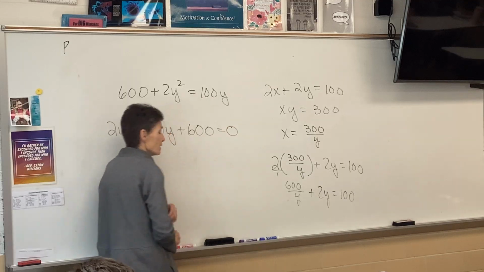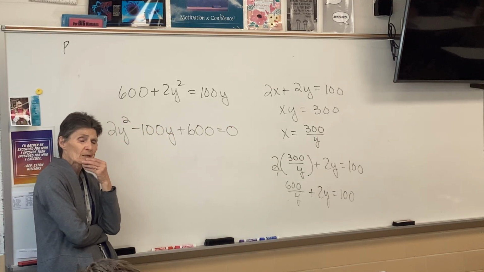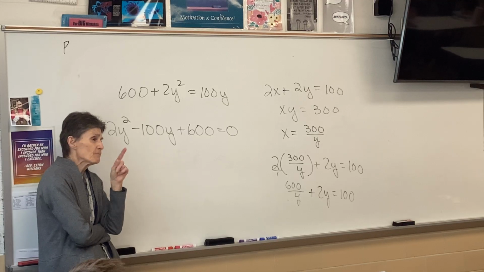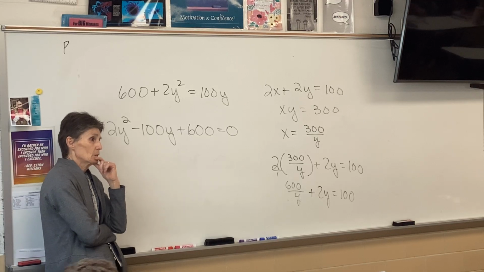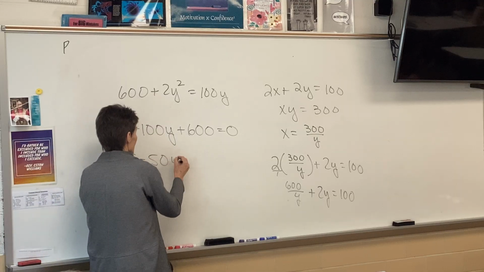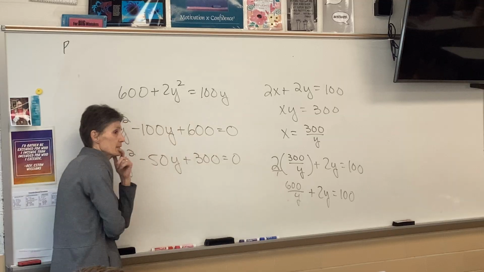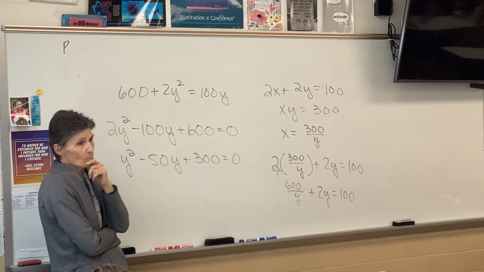So I did some rearranging. Take a look at that and make sure you're good with that rearranging. And if you want to, we could divide everything by 2. And that would make our numbers a little bit easier, smaller.